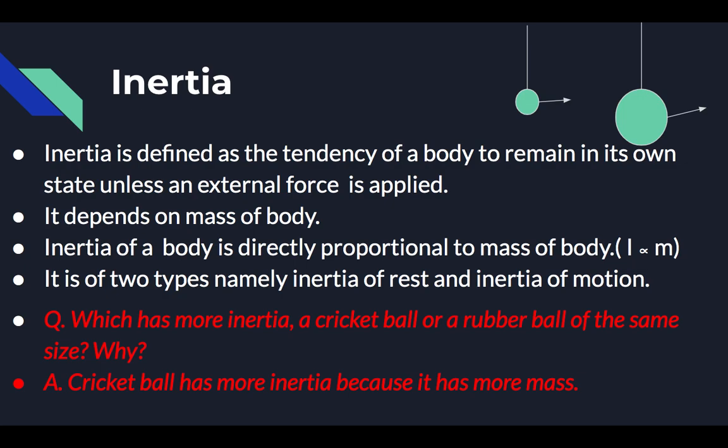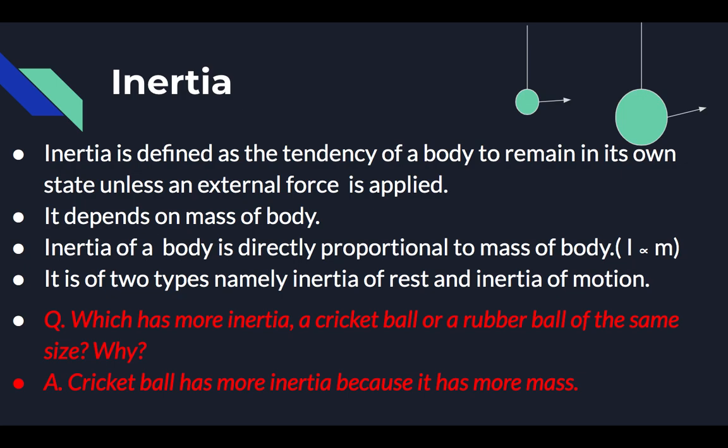Inertia. So inertia is the property of a body which makes the body stay in its own state or position. Suppose one object is at rest, then that body always tends to be at rest.